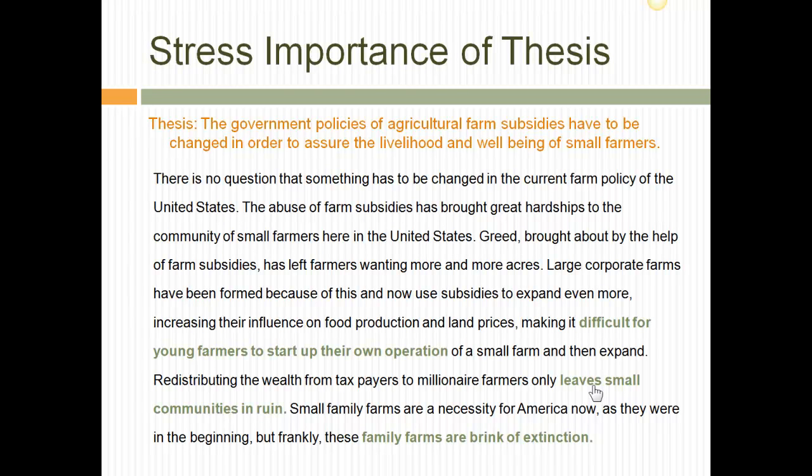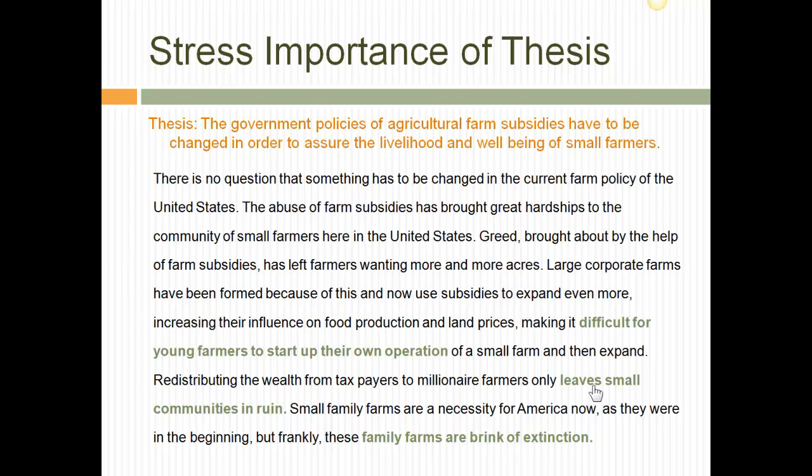Going back to the essay we looked at in introductions, the essay about farm subsidies, the thesis was the government policies of agriculture farm subsidies have to be changed in order to assure the livelihood and well-being of small farmers. Now, to stress the importance of that, we come into our conclusion, which says there's no question that something has to be changed.